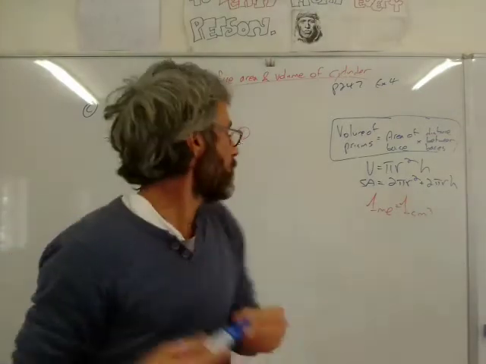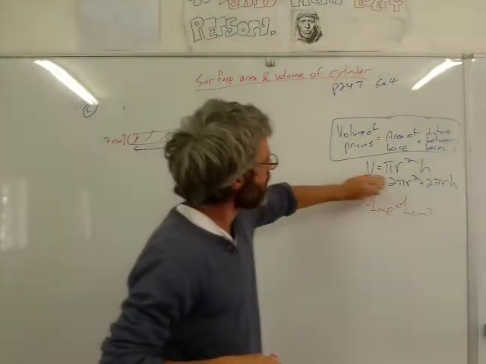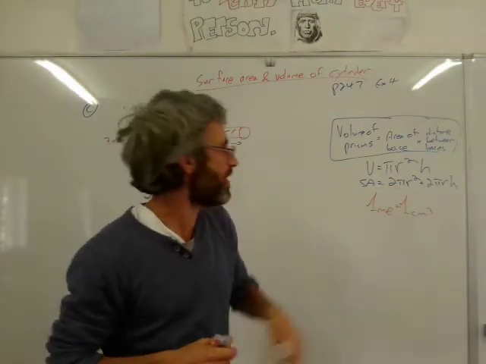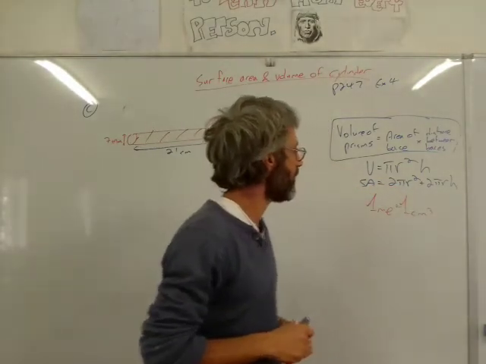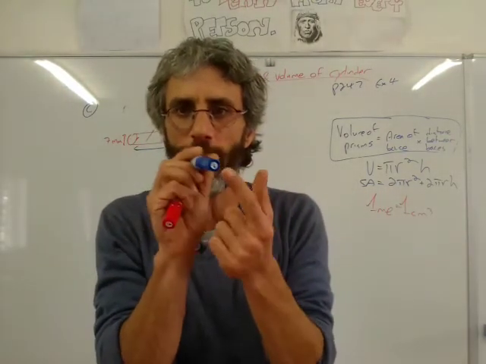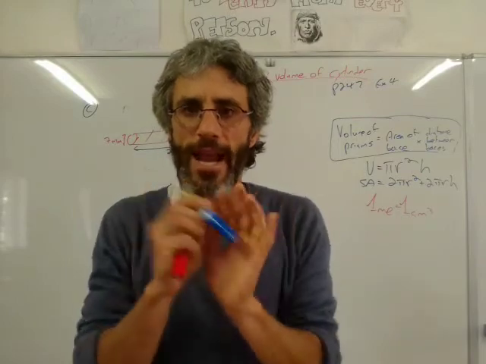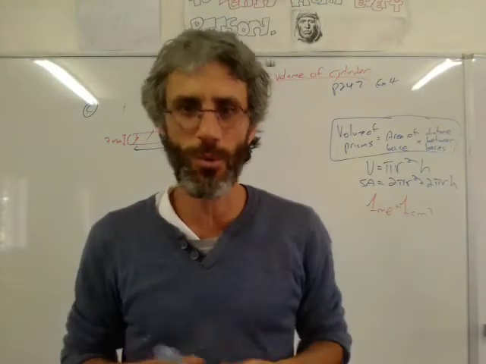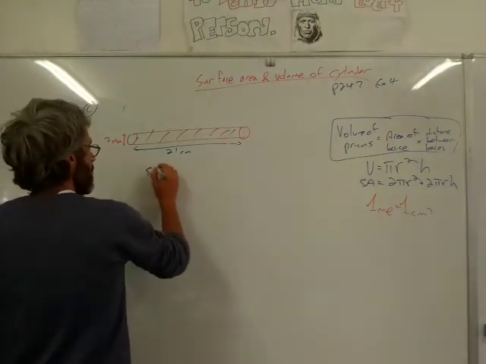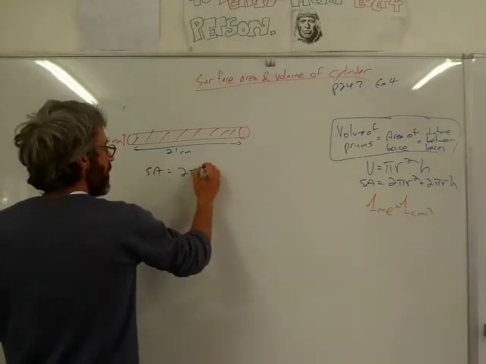So the surface area is not going to include the 2 pi r squared. I told you the surface area of the cylinder is 2 pi r squared plus 2 pi r h, but the 2 pi r squared were the top and bottom circles. Now we don't have any plastic there, otherwise we won't be able to suck any water. So the surface area is going to be just 2 pi r h.